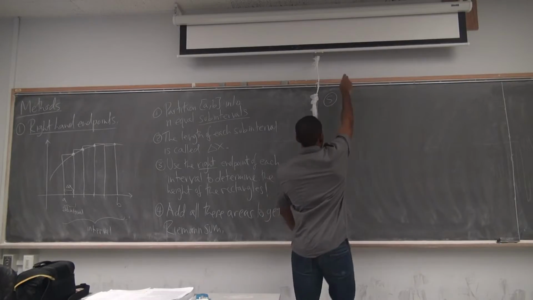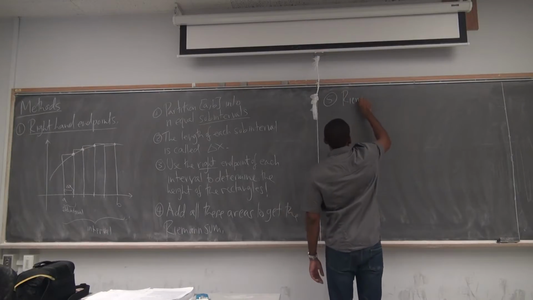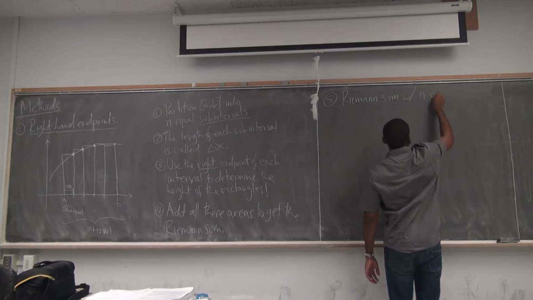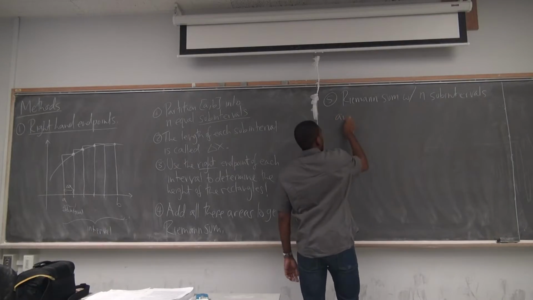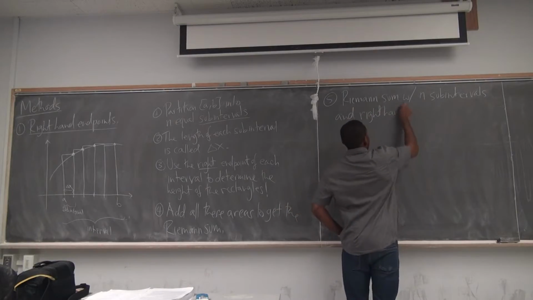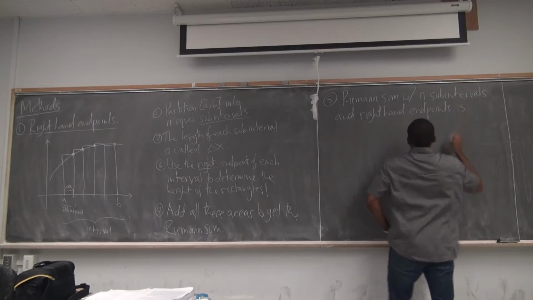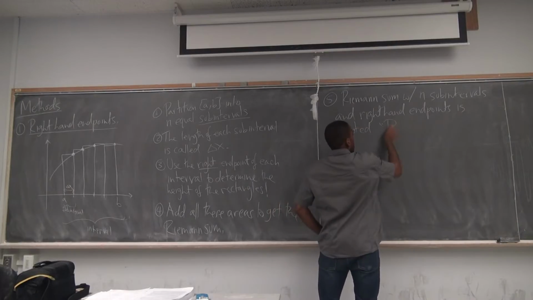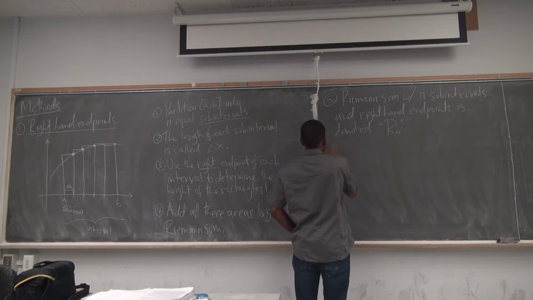Step 5, note the following. The Riemann sum with n subintervals and right-hand endpoints is denoted R sub n.